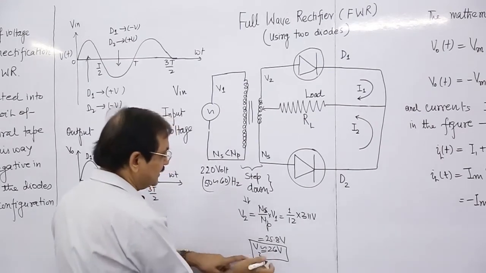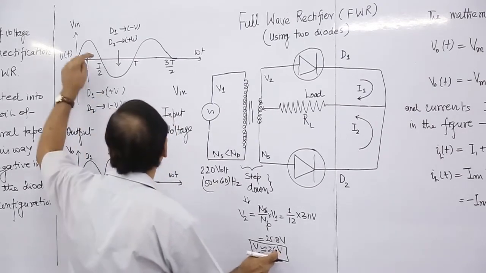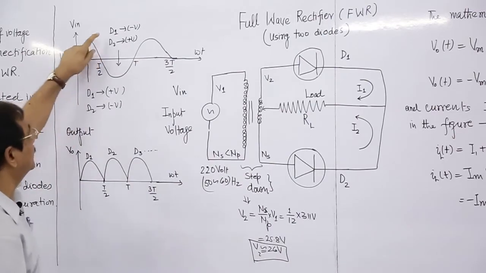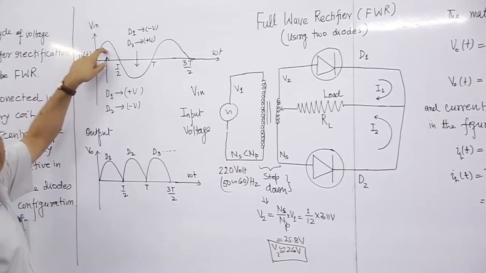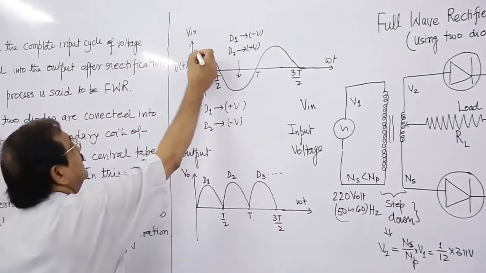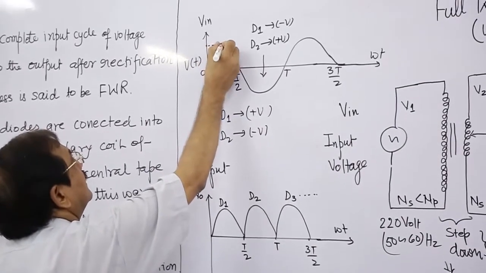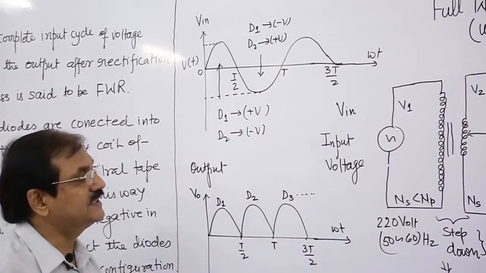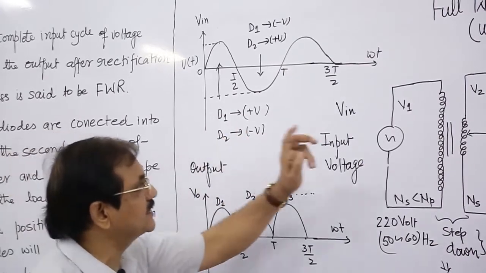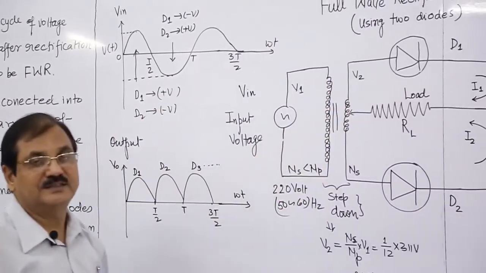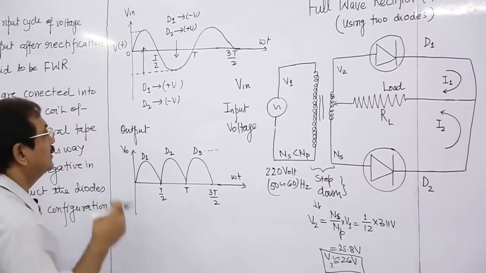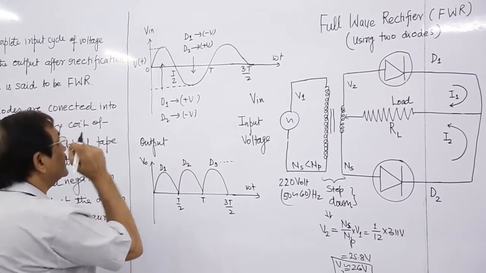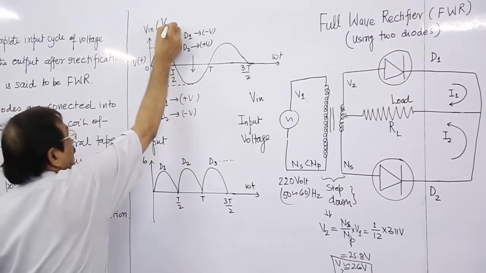So, this 26 volt is the input voltage across this terminal point.